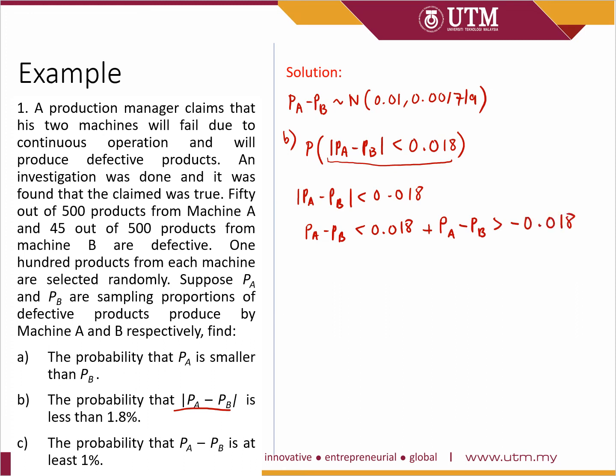If we rearrange this, it will be the probability of A minus B less than 0.018 and greater than negative 0.018.